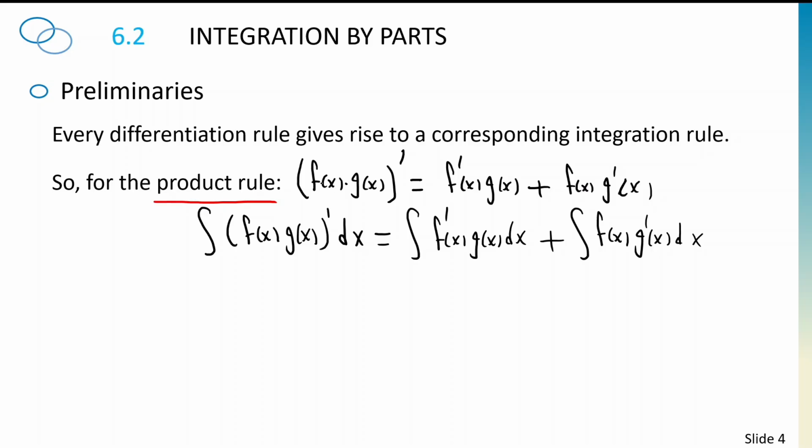So if I have two functions, the derivative of their multiplication, this is the product rule. If I find the integration for the whole equation, notice for the first term, the integration of the derivative, they're going to cancel each other, so you get the original function back here, f of x times g of x, equals, I'll keep these two as is.